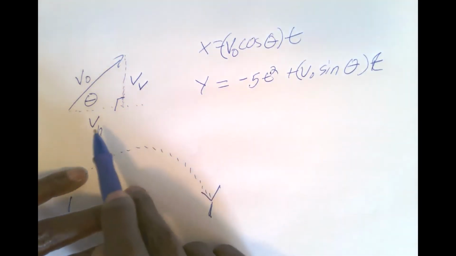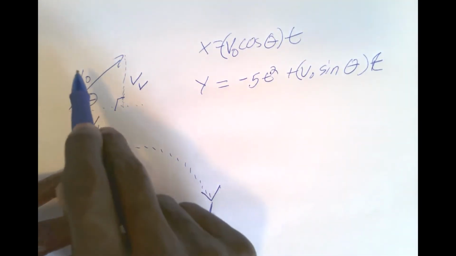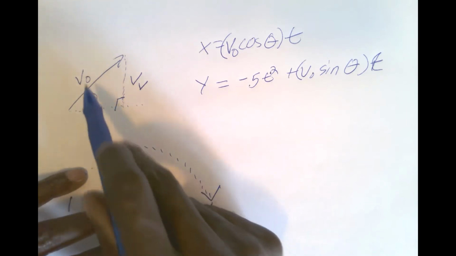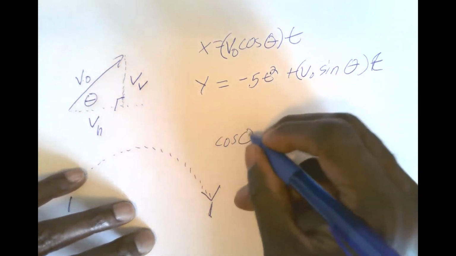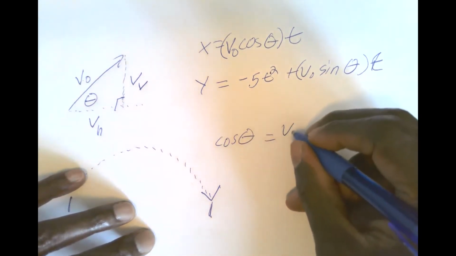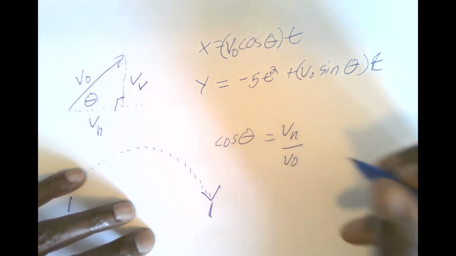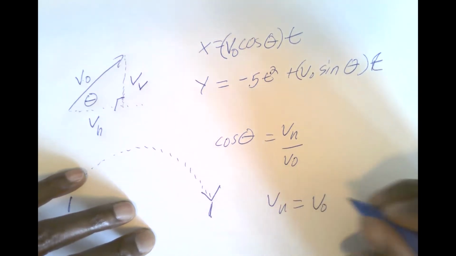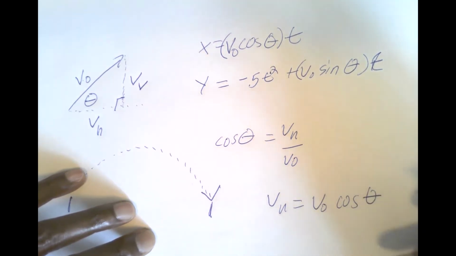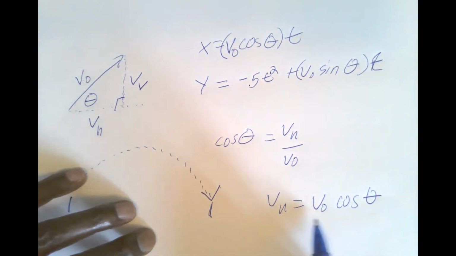If we want to solve for VH, knowing V naught, this is adjacent and hypotenuse, so cosine theta would be VH over V naught, which means that VH would be V naught times cosine theta. So the horizontal velocity is V naught cosine theta.